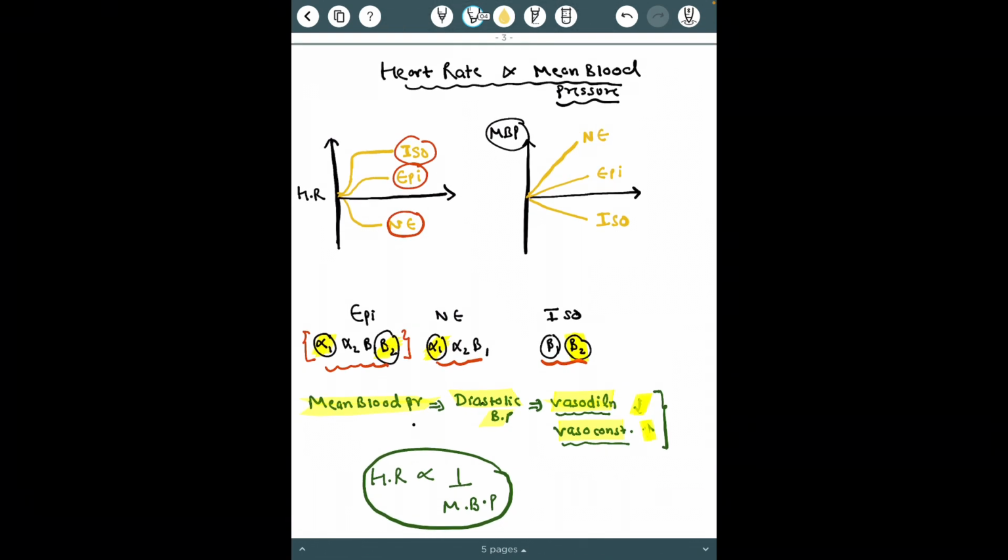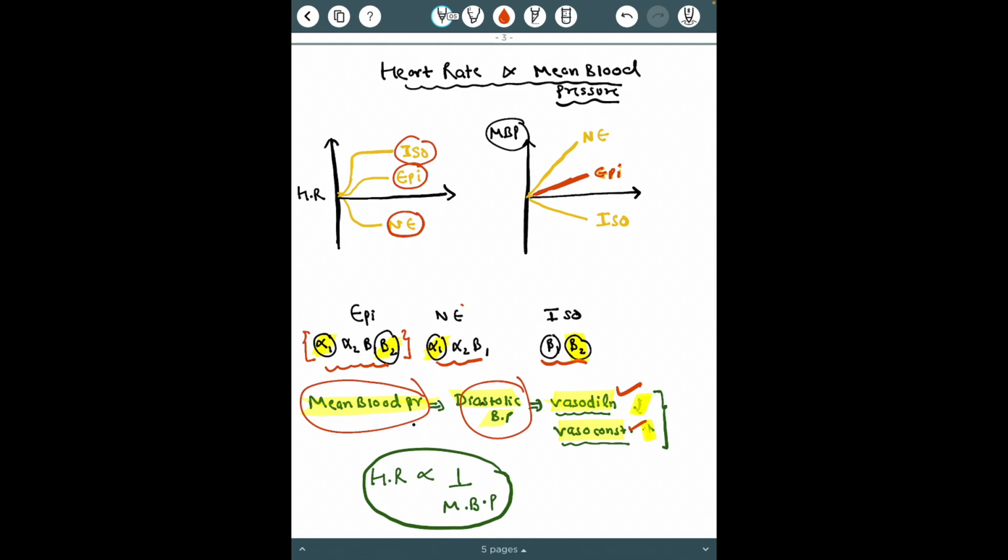It is present on both alpha 1 and beta 2, that is, both vasoconstriction and vasodilation. If there is both, the diastolic BP will not change so much and the mean blood pressure will not change so much. So the increase in mean blood pressure is very minimal in epinephrine. There is very little increase in blood pressure.